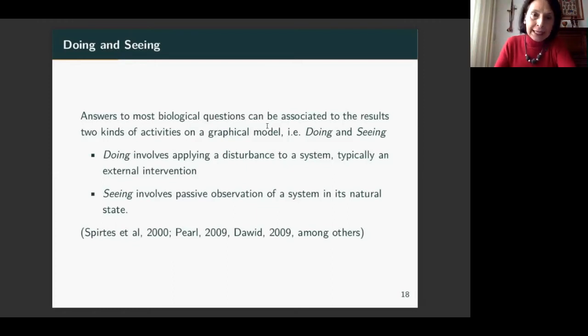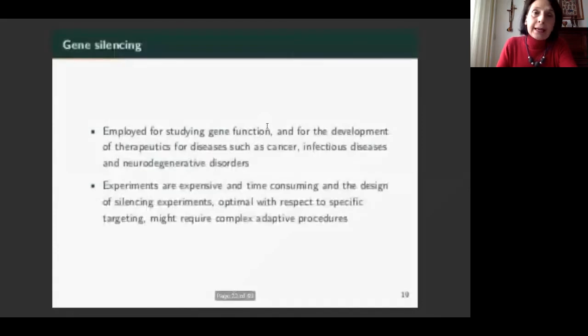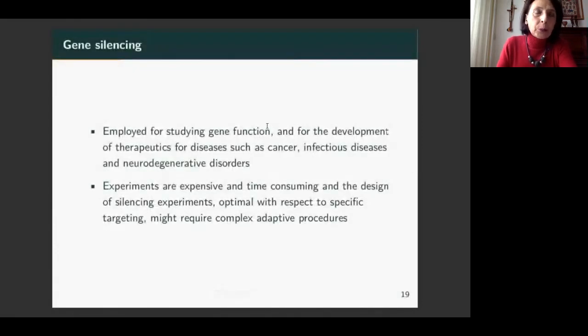So I'll now give an example of doing and saying to show you how statistical models can be used to answer biological questions. So let us start with doing. Gene silencing is a doing action, for example. In gene silencing, the expression of a gene is switched off or knocked down to study the effect, typically on a phenotypic scale.